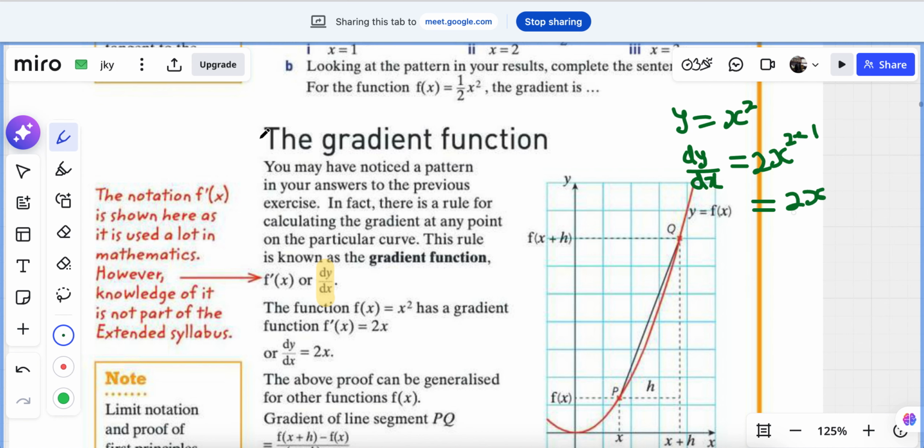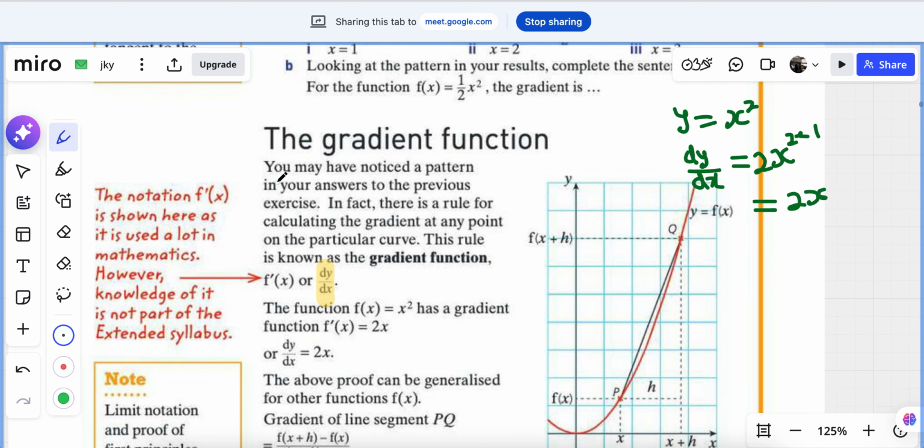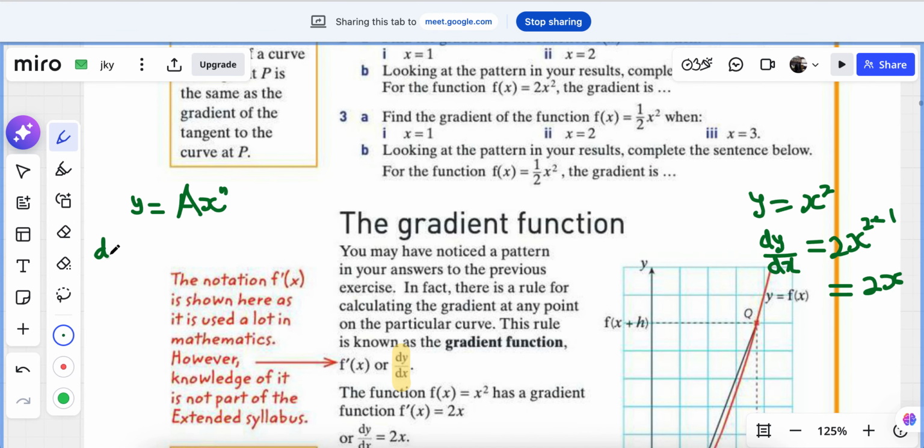In a nutshell, if you are asked to differentiate, let's say y equals a x to the power n, in a very simple way, dy over dx, the change in y over change in x, is simply bringing this power to multiply whatever is here.